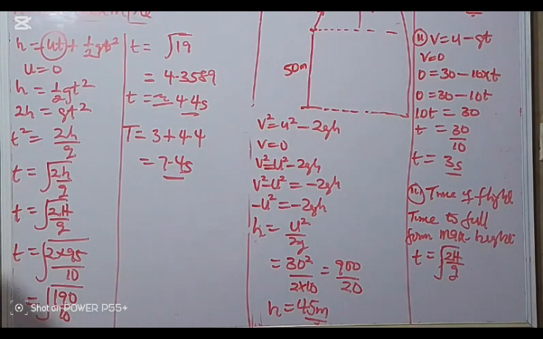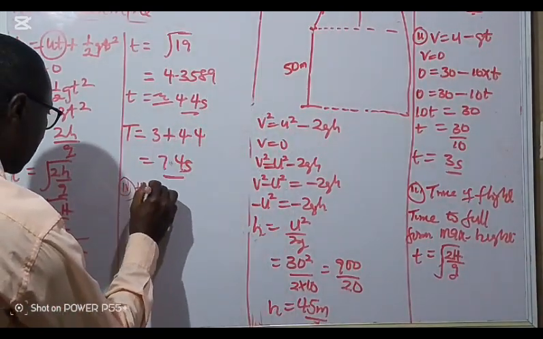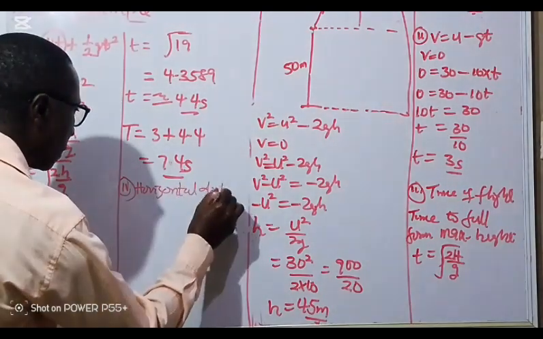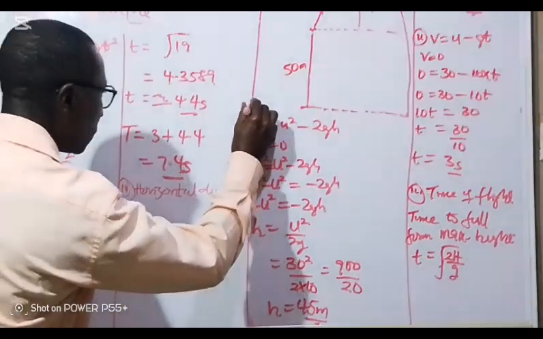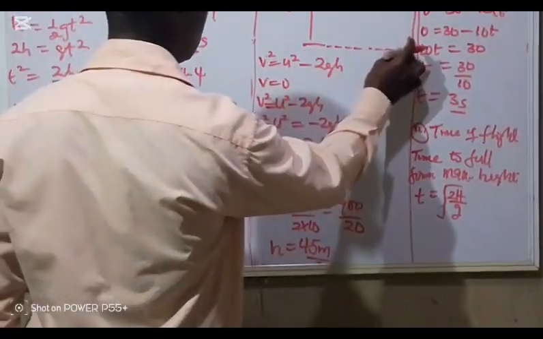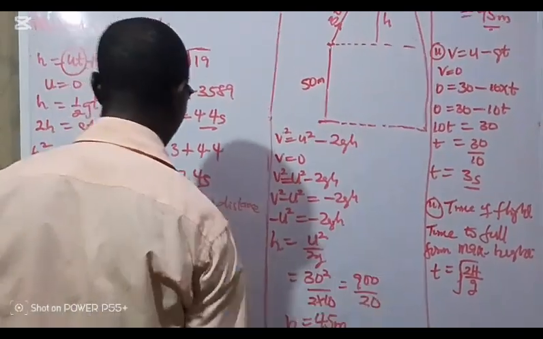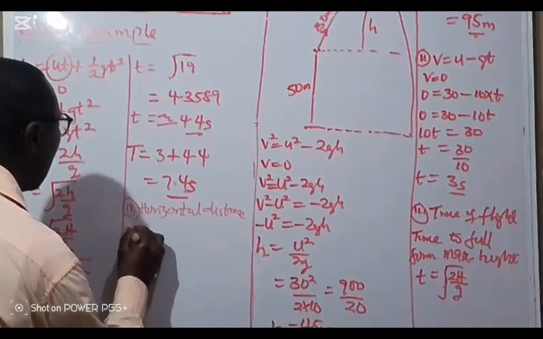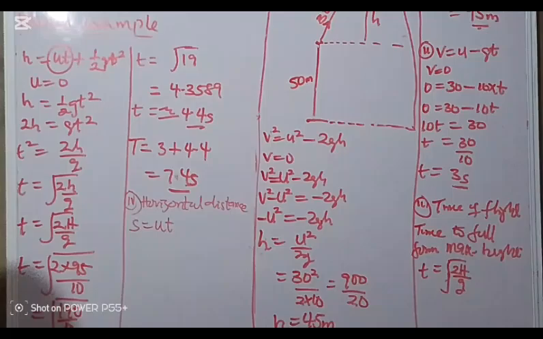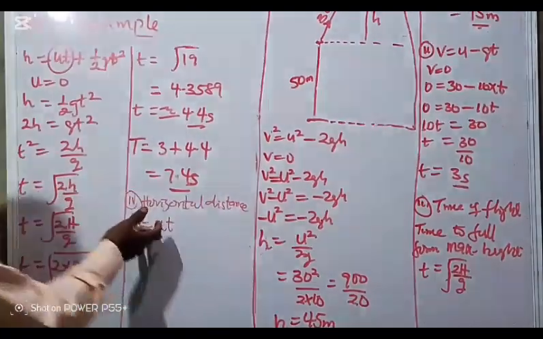Now, the last question, which is the horizontal distance. That is from here to here. As I said the other time, the horizontal distance S is equal to ut, and if you say plus half gt squared, then g is equal to 0, so this is what we are left with.